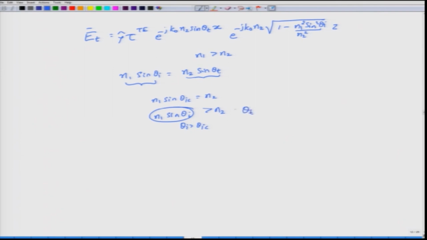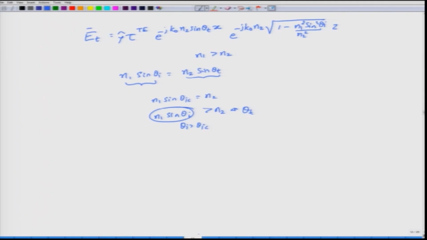So, no real value of theta_t can satisfy this particular requirement, and in that case what happens is that total internal reflection takes place, theta_t mathematically becomes greater than 90 degrees, and then the wave actually reflects back into the first medium. This is what the total internal reflection phenomenon is.